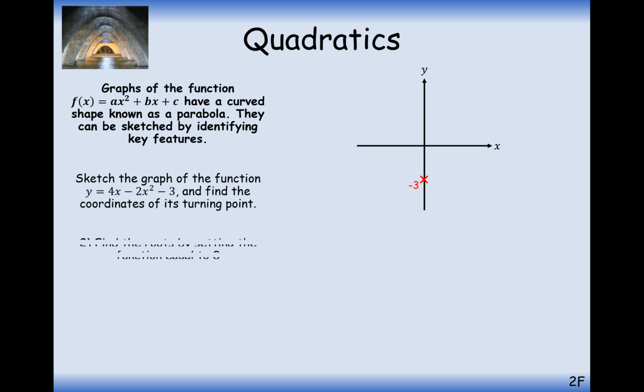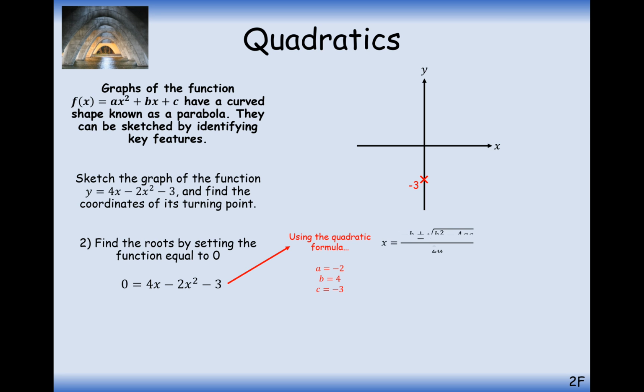Let's do the slightly harder ones now, when it crosses the x-axis, so that's when y is equal to 0. This doesn't look as easy to factorize, so I'll use the quadratic formula, and we get the two values of minus 4 plus or minus the square root of minus 8. Now this is difficult here.